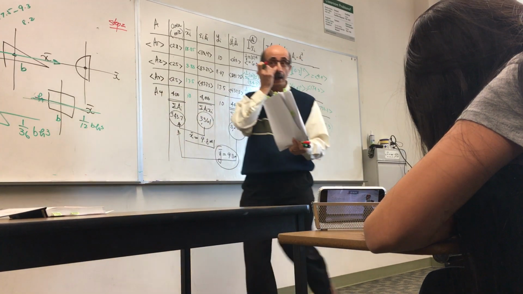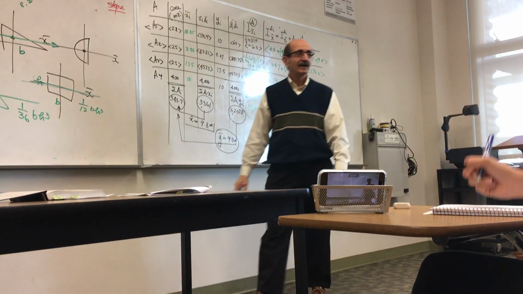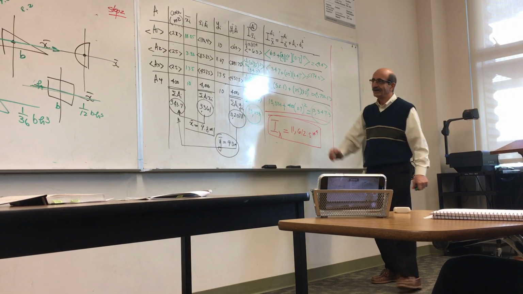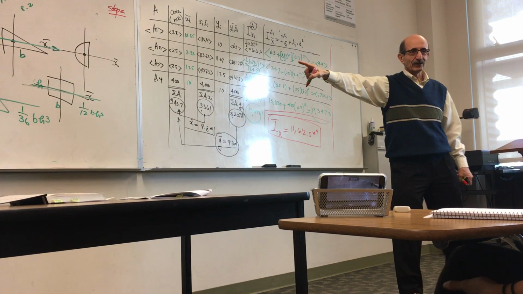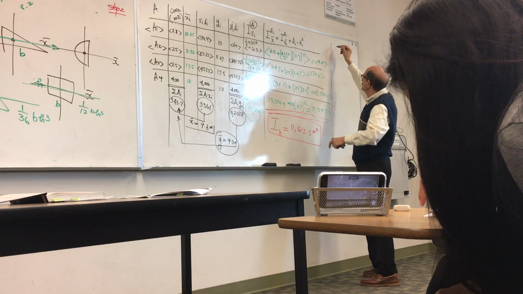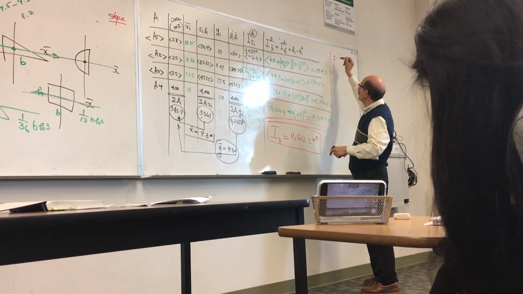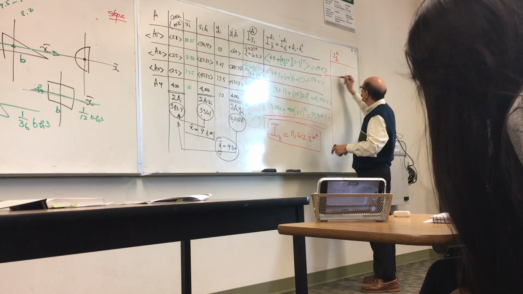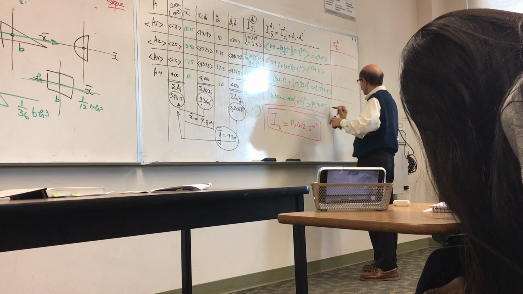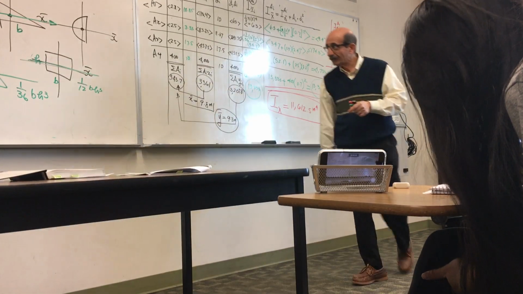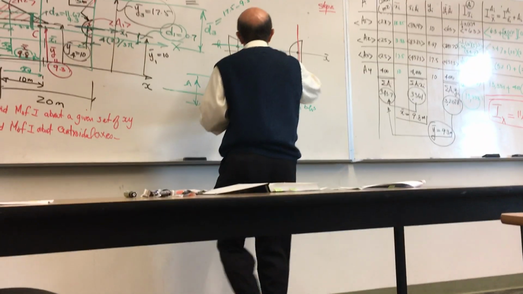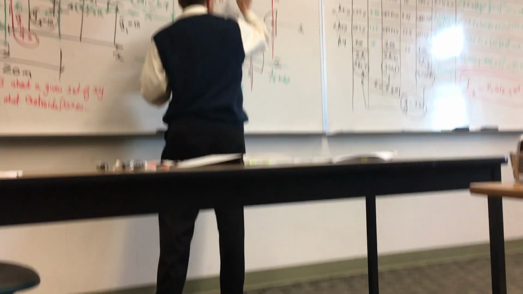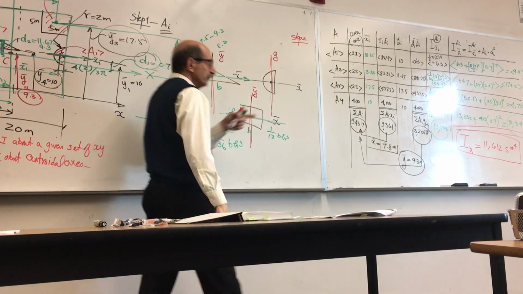Are you done? No! This is just the beginning. Now you need to do the moment of inertia about the y-axis. So just repeat this. You find the moment of inertia of each shape about the corresponding centroidal y-axis of that shape, now about these axes. They're tabulated. You find them.